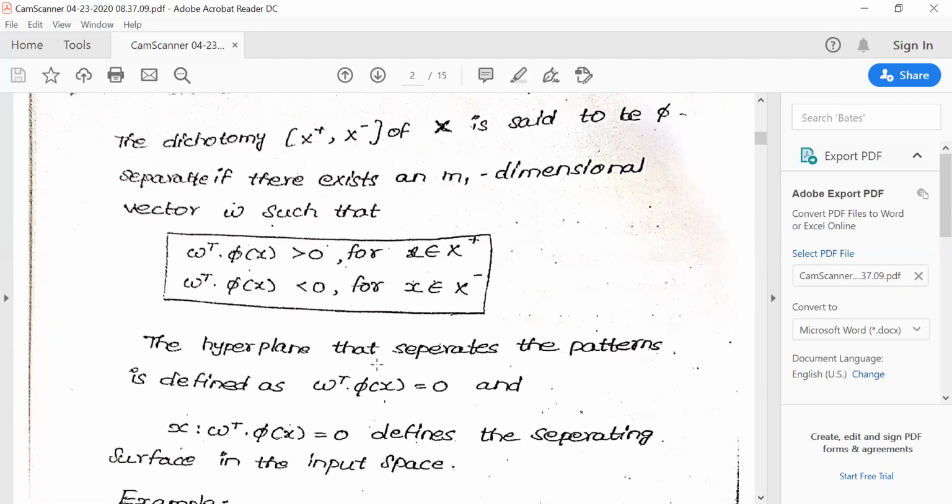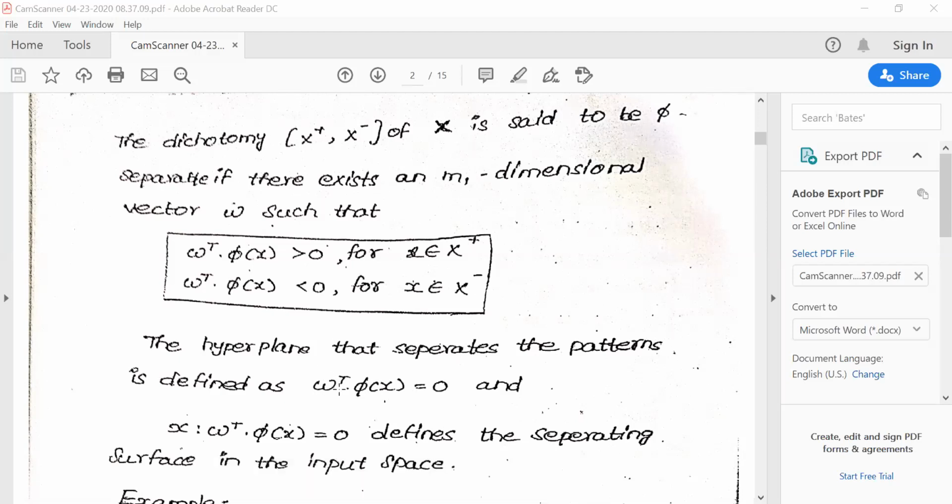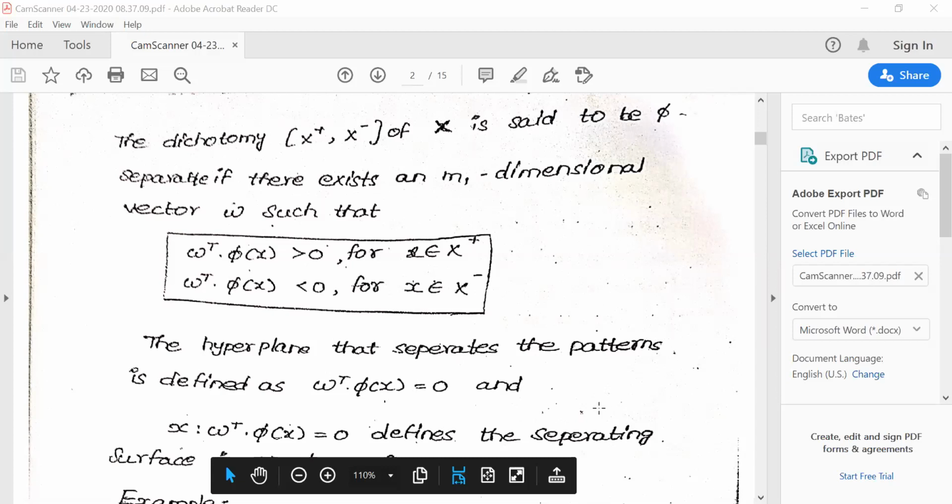Therefore, the hyperplane that actually separates these two classes of input patterns will be W power t into phi of x is equal to 0. So you need to identify what is that phi of x, and then once you identify what is phi of x, you can identify W power t also, what is the weight vector. So we'll see that when we go through the architecture of radial basis function neural network at the end, how this can be used.